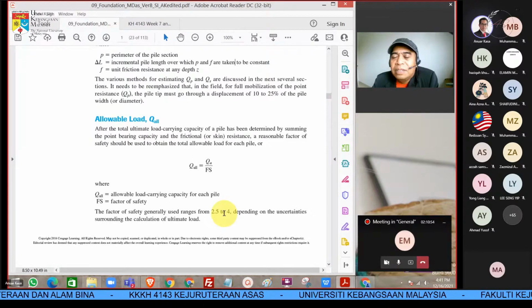So is this supposed to be very safe? If we as engineers design something and failure happens, with a factor of safety of 4, the pile can take 100, but we allow only 25 kilonewton.